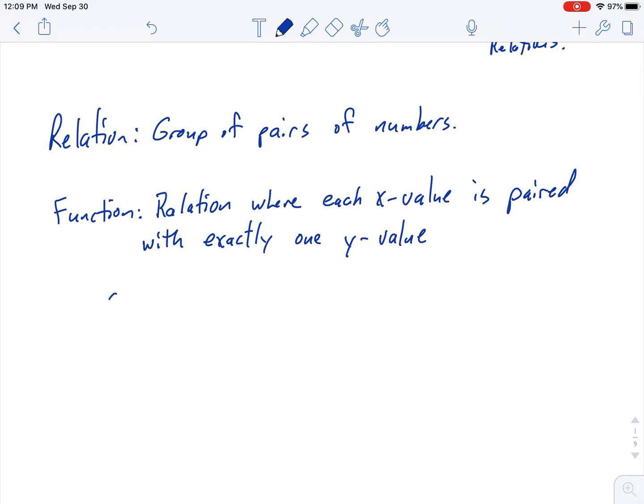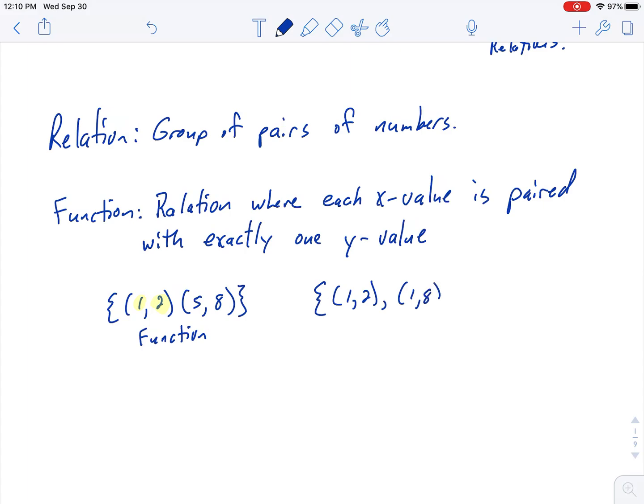So if I wrote down 1, 2, 5, 8, this is an example of a function because each x value is paired with one y value. If I wrote down 1, 2, 1, 8, this one is not a function because an x value 1 is paired with two different y values.